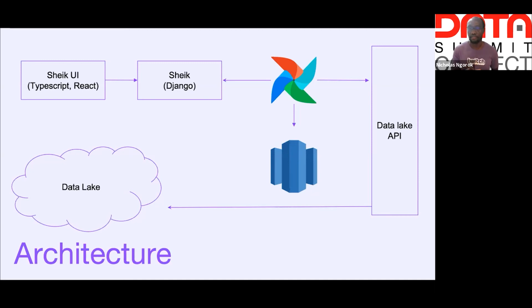Then Airflow will trigger our data lake API to tell it to copy the unloaded data from the S3 bucket to our data lake, such that it's accessible to people at the company as well as future runs of Sheik, so dependency cubes down in the chain will be able to access it from our data lake. Then it updates the state in Sheik via an API that Sheik has, so that it will update the state within its database.